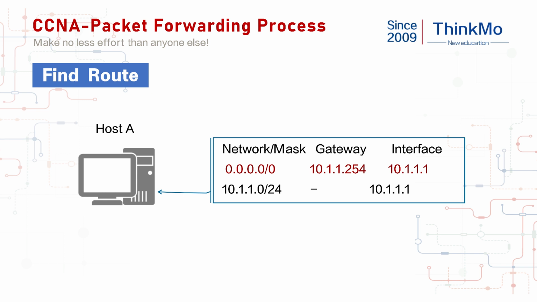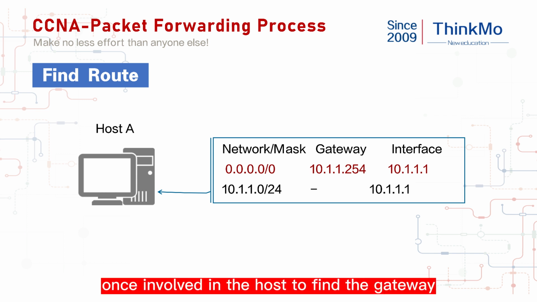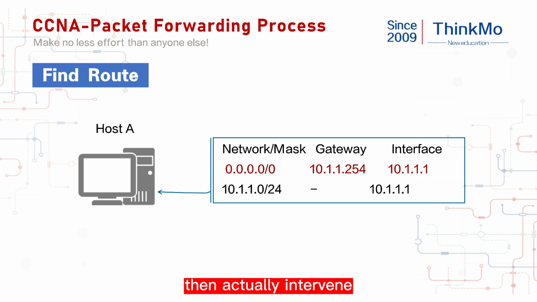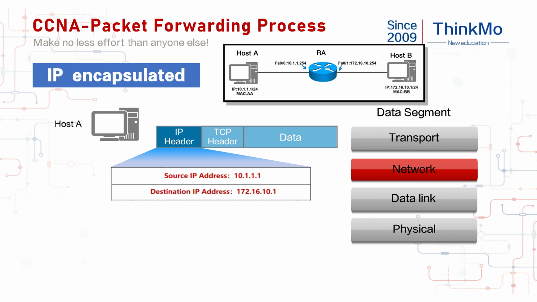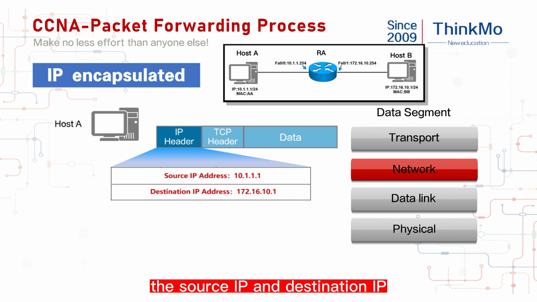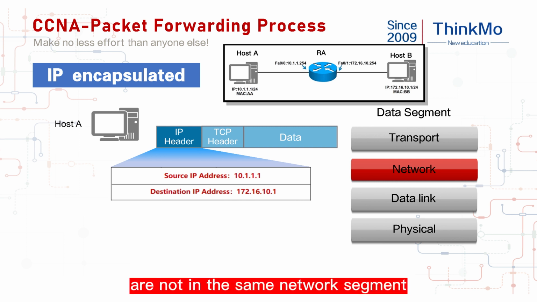Please pay attention: once it involves the host finding the gateway, it actually involves the routing layer we are talking about today. That is, the IP is encapsulated, and it is found that the source IP and destination IP are not in the same network segment.